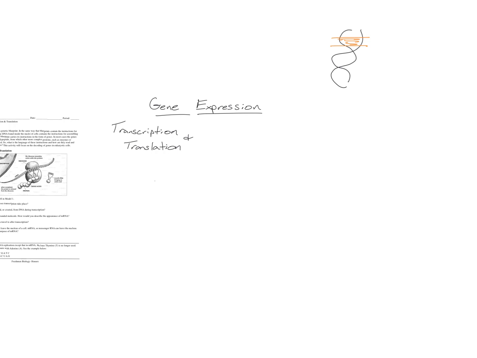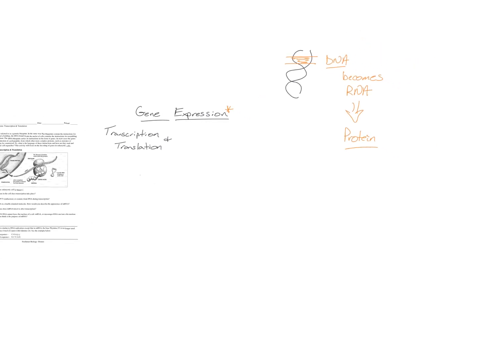So a gene can be defined as a sequence of DNA, right? DNA that is expressed. In other words, that becomes RNA, and then that could, and mostly does, become a protein. All right, so that's what a gene is.